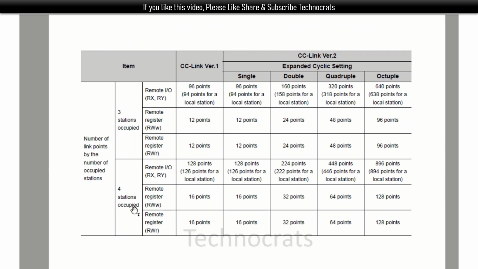So if a remote IO station or an intelligent device station or slave is having a setting of occupied station 4, then it will occupy 128 points of RX, 128 points of RY and 16 points of write registers and 16 points of read registers.